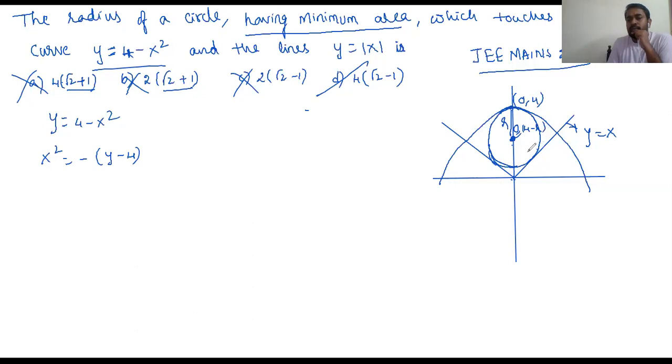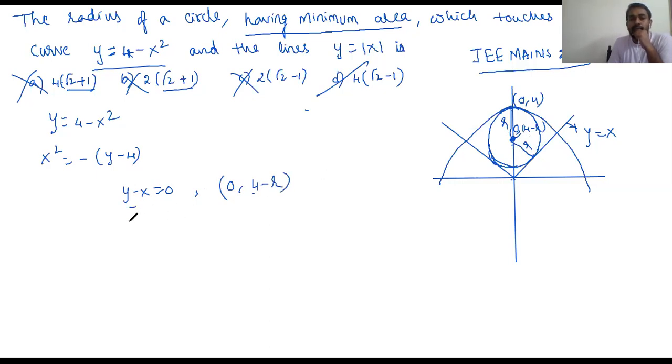So what I do is, I'll find the distance from this line to this point, which is equal to r. The line is y minus x equal to 0. The point is 0 comma 4 minus r. The distance from this line to this point is r.